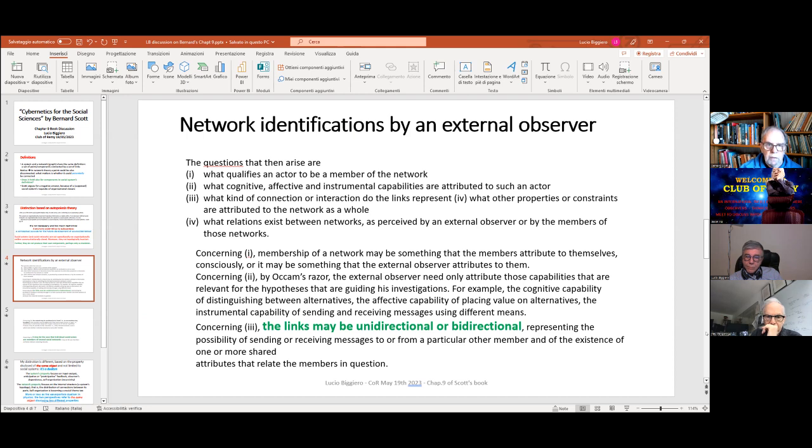The members can observe themselves. They themselves can construct their own models, their own understandings of how the system works. And some members attribute to themselves consciously. Yes, I am a member of my local table tennis club. I'm a member of the ASC.